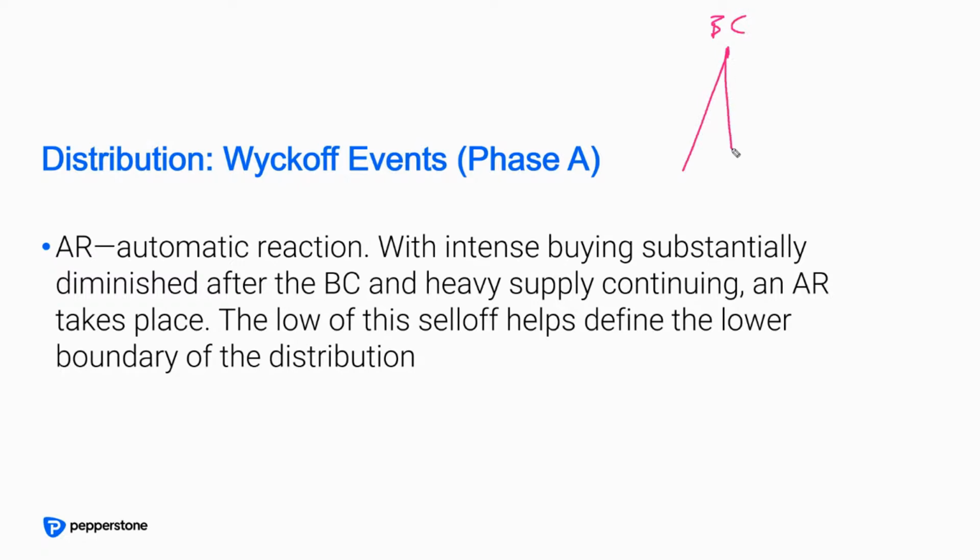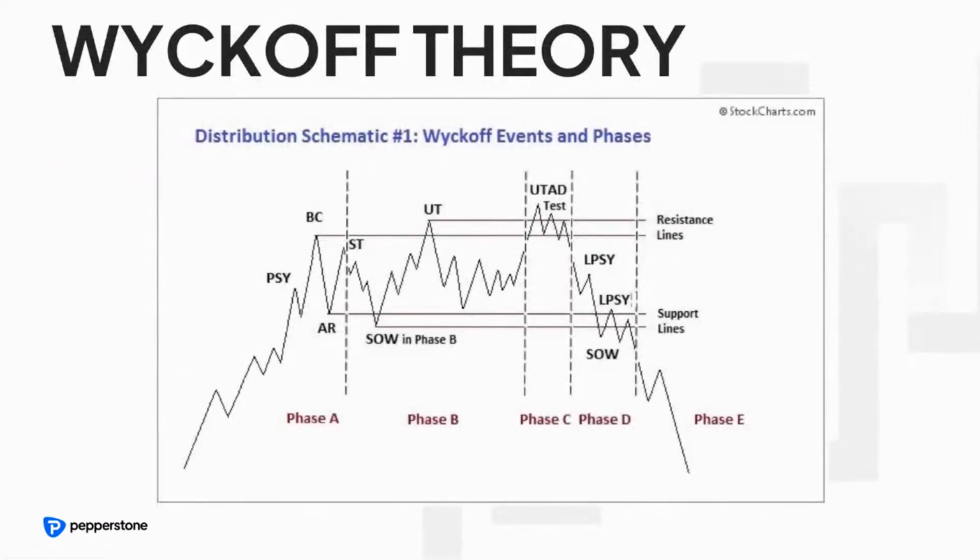The AR takes us to the trough, or the low. So we've got the high and the low at this point. Usually we start to get the high and the low, and then we can start to flesh out the concept of full-on manipulation. And this can happen faster than you think. Obviously, it doesn't have to happen on a daily or weekly basis. So we've done the first step. We've got our highs and we've got our lows.